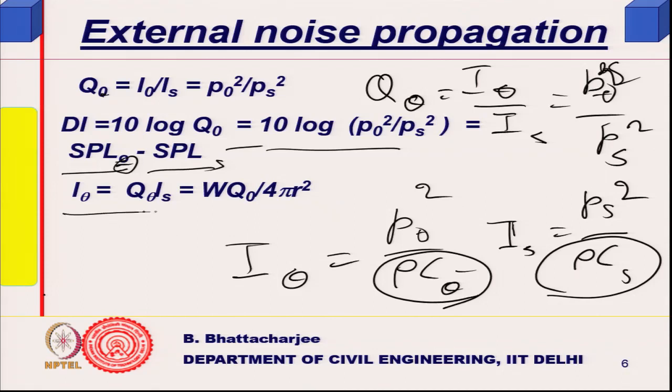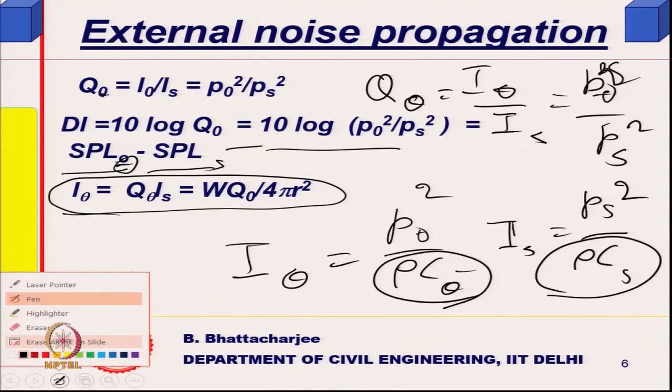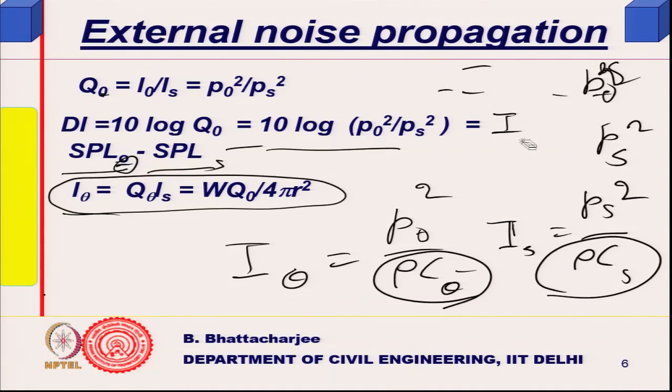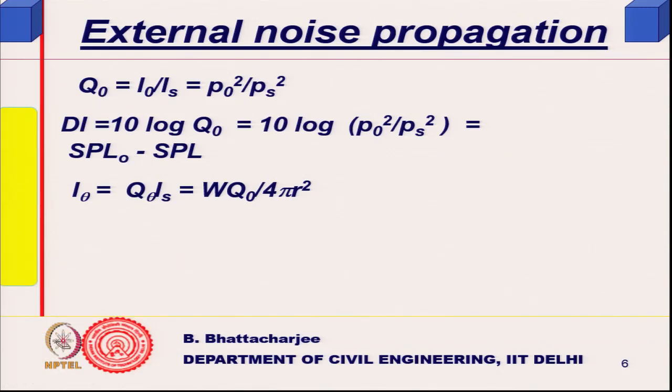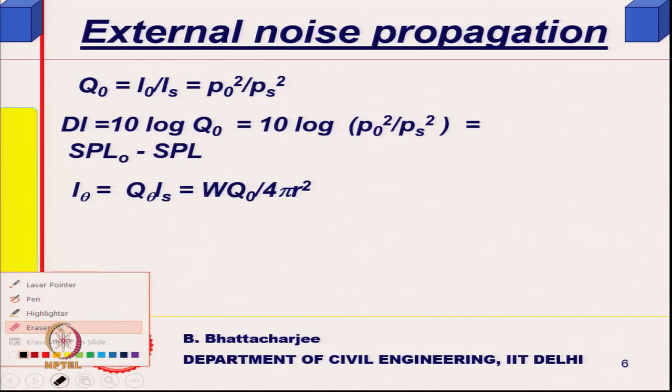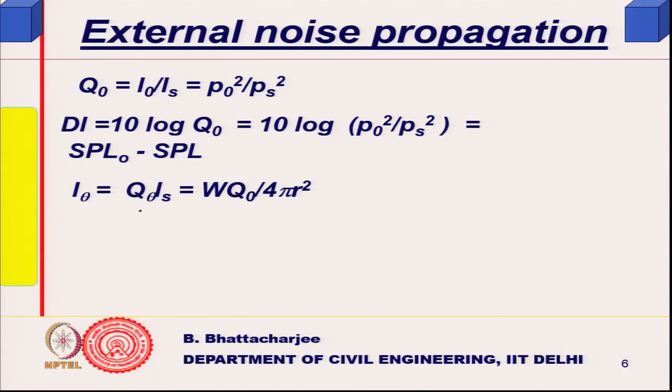So, the general equation will be written in this manner: I theta is equal to Q theta divided by Q theta s into I s, that is how we will write it. Because Q theta is the directivity factor multiplied by I s by definition.